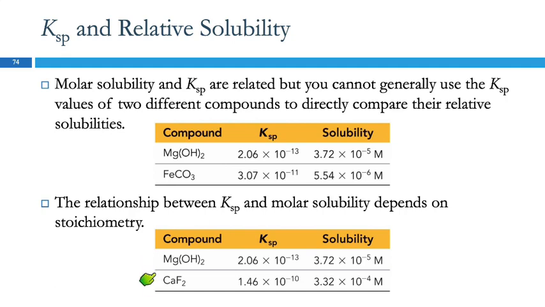Down here, if we're comparing two that have the same stoichiometry, two anions to one cation, and we look at the KSPs, magnesium hydroxide has the smaller KSP and the smaller solubility. So you can only compare if the stoichiometry is the same.